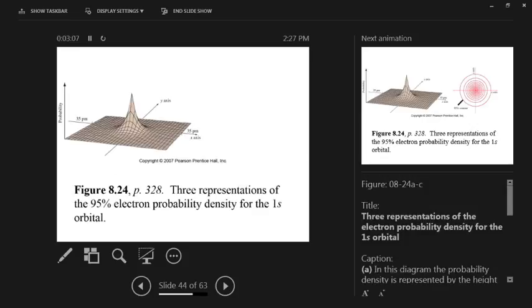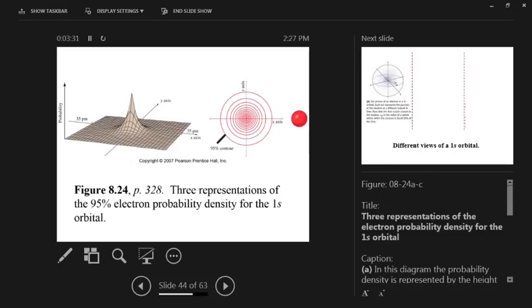Starting with the S's, there are different ways to look at it. That little hump right there shows you where the edge of the orbital is. This is an S-type orbital, and notice that the concentration, or the probability of finding an electron, changes a little bit throughout.